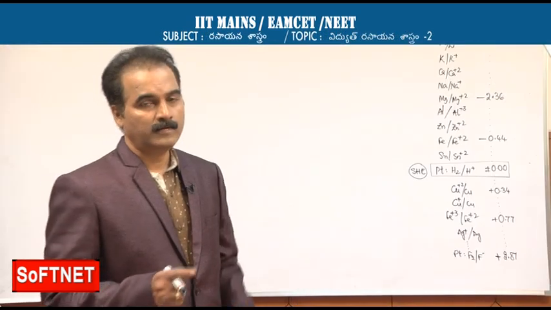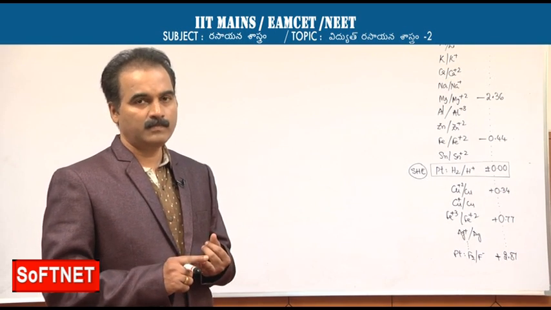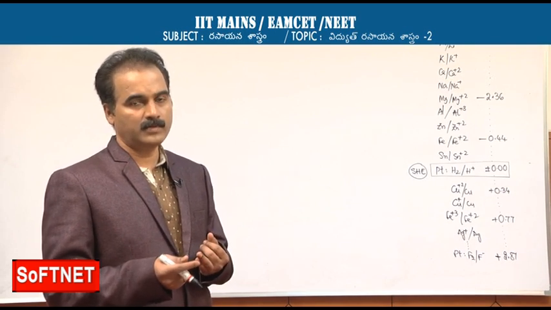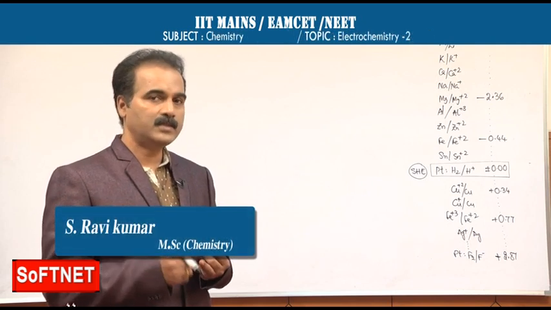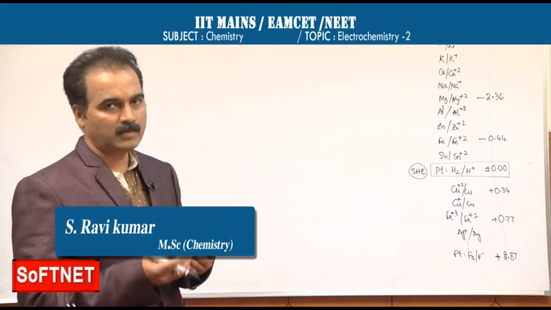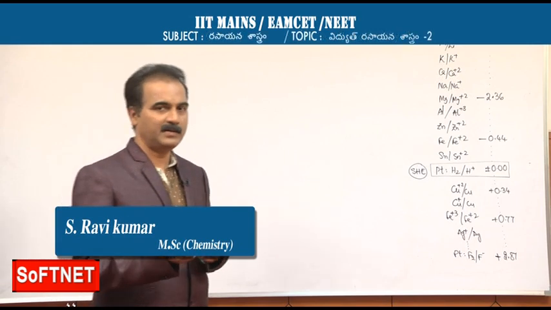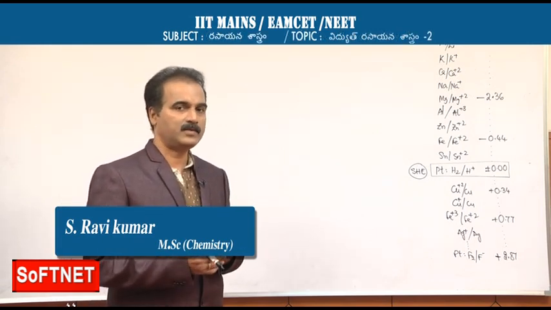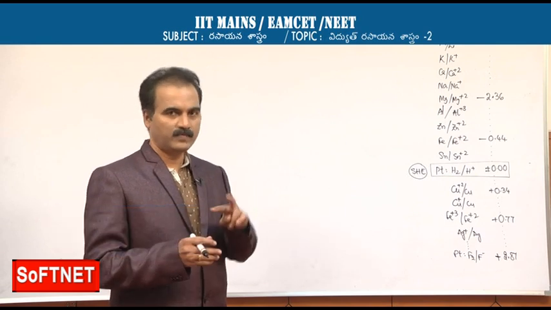So, now we learned how to assign electrode potential for any electrode which is undergoing oxidation with respect to standard hydrogen electrode, or which is undergoing reduction with respect to standard hydrogen electrode. Some electrodes will have positive oxidation potential or negative reduction potential; some electrodes will have negative oxidation potentials or positive reduction potentials, vice versa.